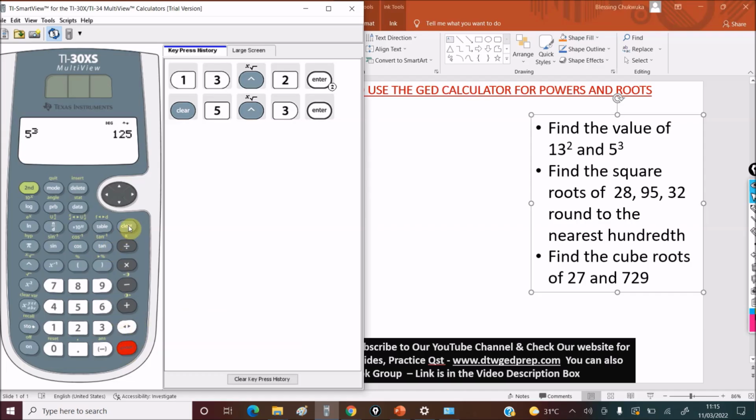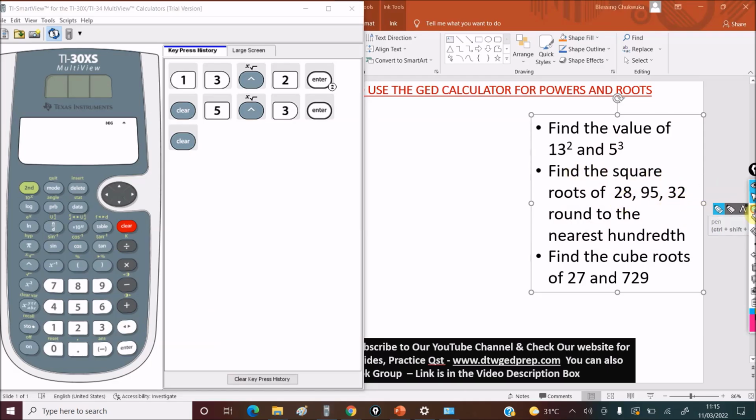Now let's look at our next question. It says find the square root of 2895 and round to the nearest hundredth. So we're going to be doing two things here: finding the square root and rounding.